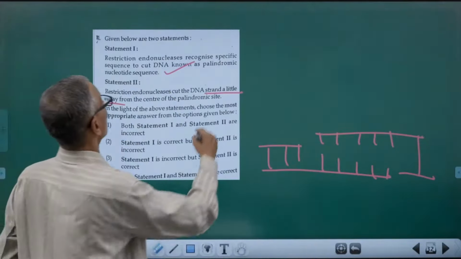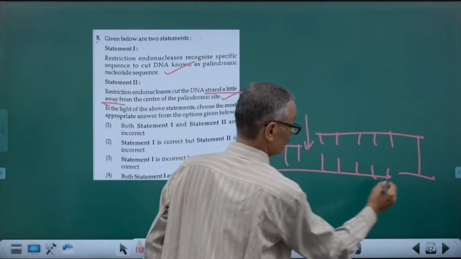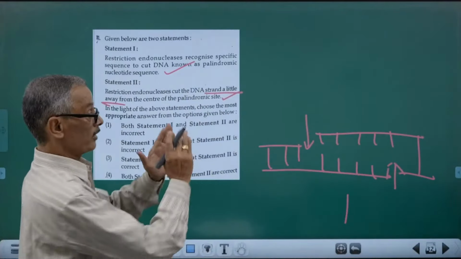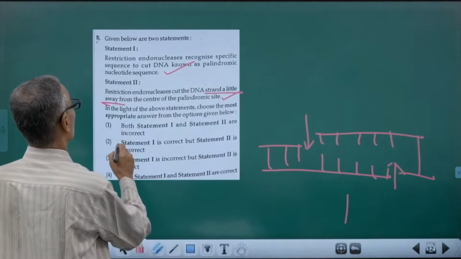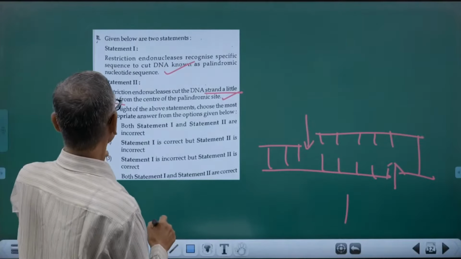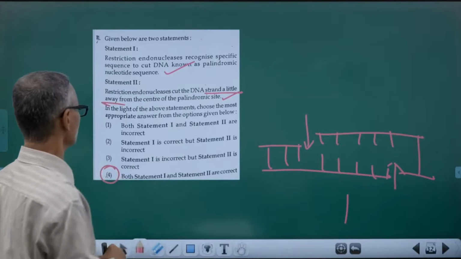So, we are having the enzyme cutting here and cutting here, not in the middle of that palindromic sequence, but a bit away from the middle. So, both statement 1 and statement 2 are correct. Option goes to 4.